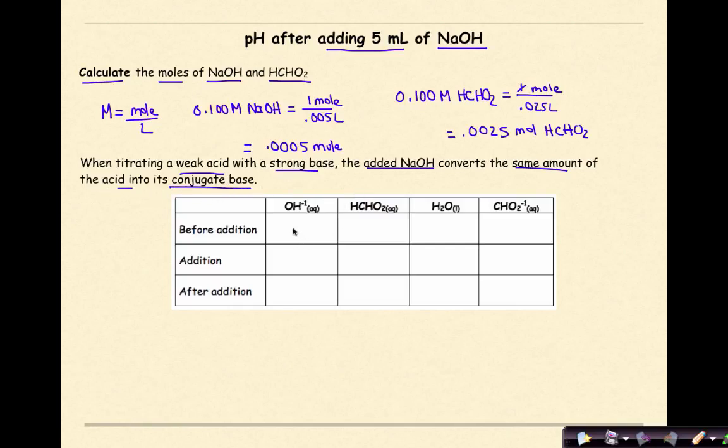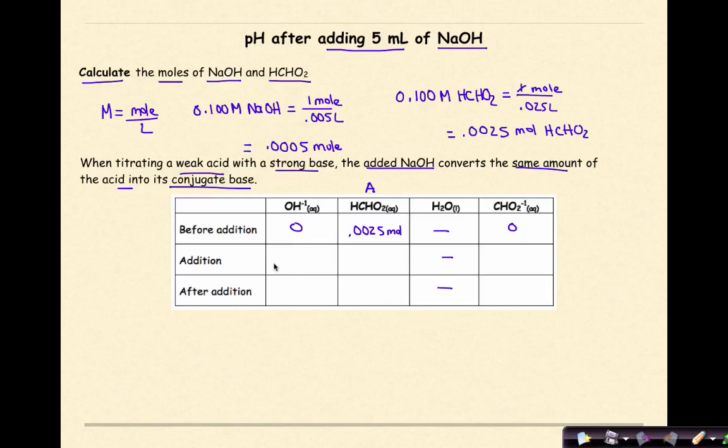So at the very beginning, for the addition of the sodium hydroxide, I have 0 hydroxide ions. But here's my weak acid. I do have 0.0025 moles of my weak acid. I have water in here just because it's part of the equation, but really I'm not going to worry about that. And I also have 0 amounts of my conjugate base. Then what's going to happen is I'm going to add that 5 milliliters of sodium hydroxide.